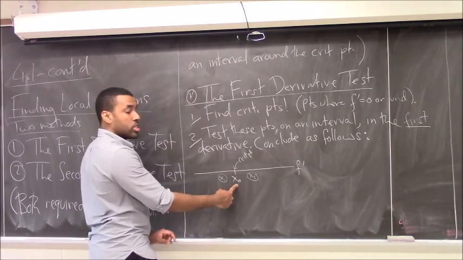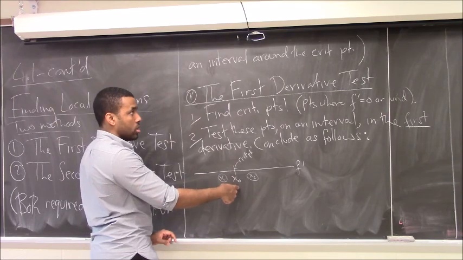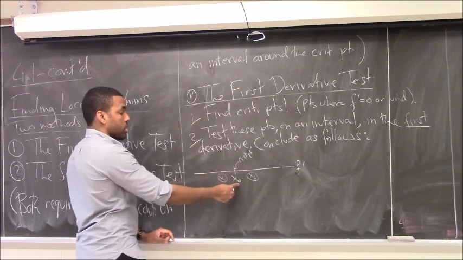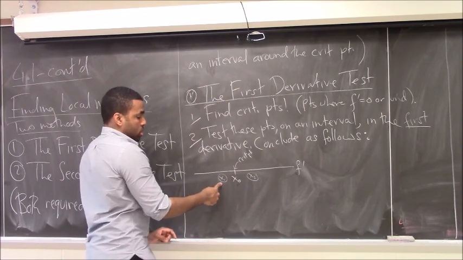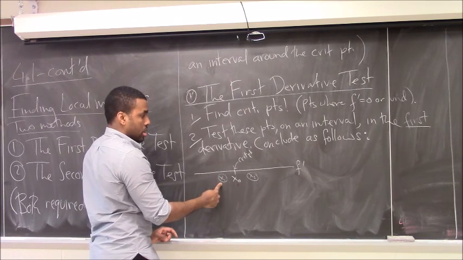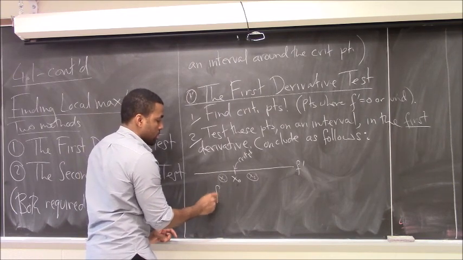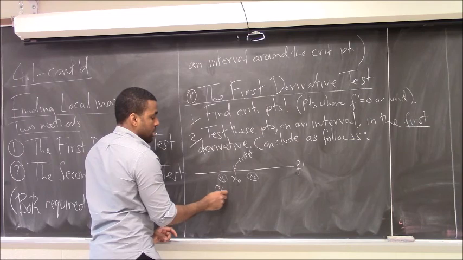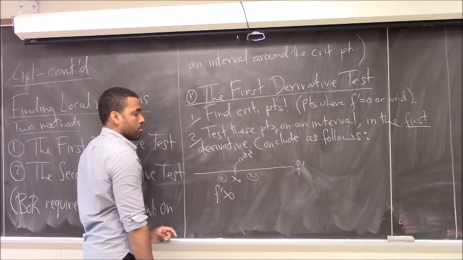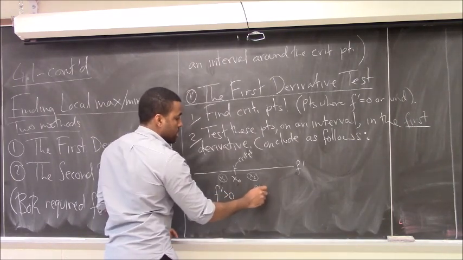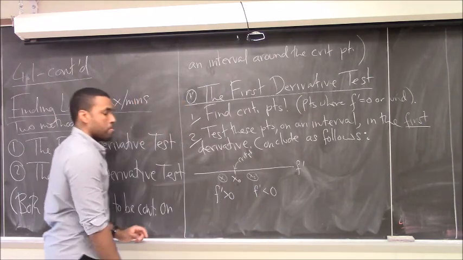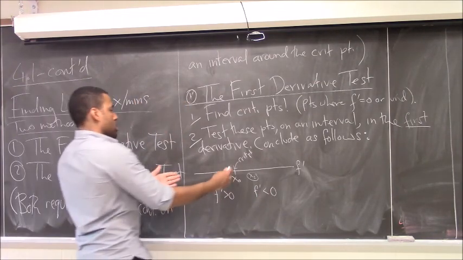I know the derivative is 0 or undefined at x0, but the original function is defined there. Now there are a couple of situations that we care about here. If the derivative on the left side is positive, and the derivative on the right side is negative, then what does that mean your function is doing?